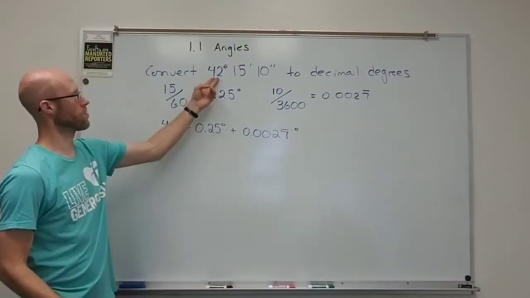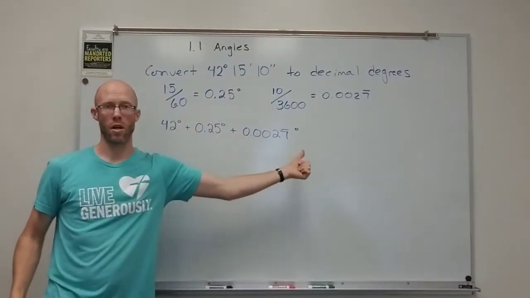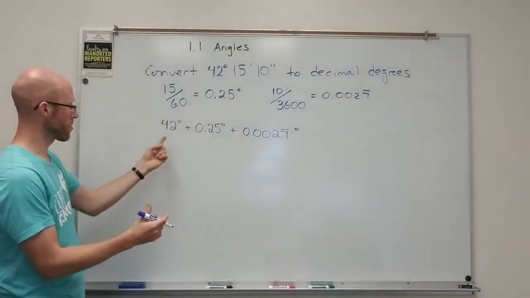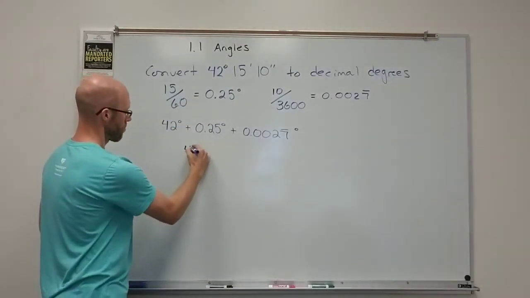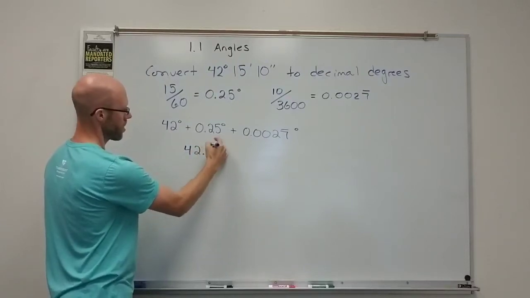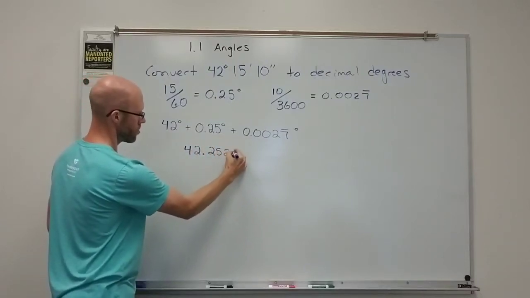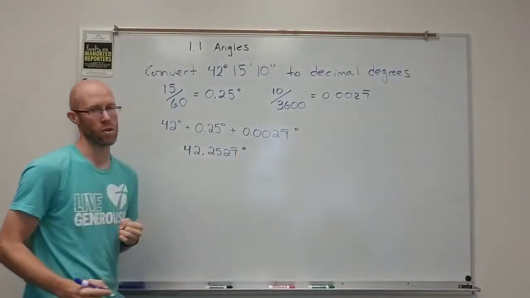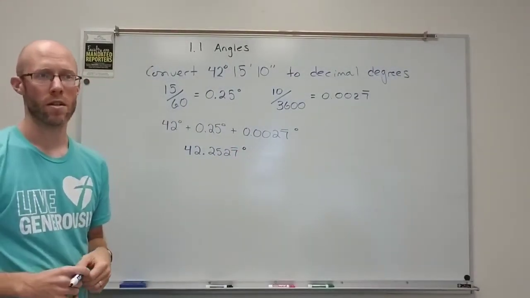I've basically converted each of them into degrees, and because we're adding them together, we just put them all together and we'll end up with 42.2527 repeated degrees. That's our decimal degrees.